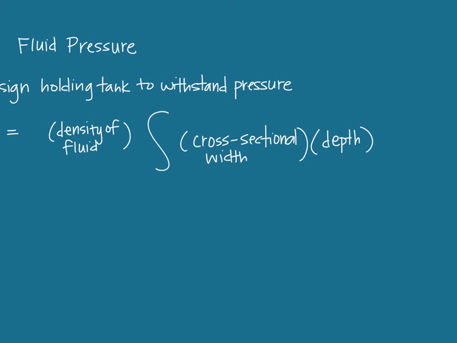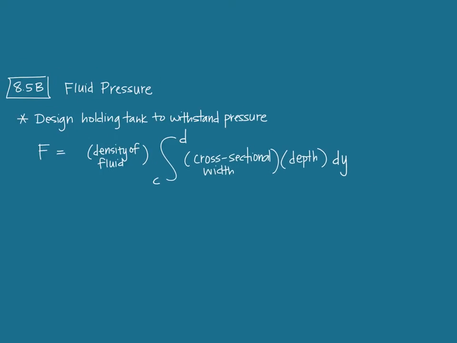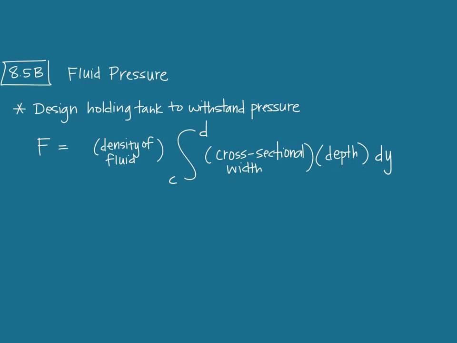Not only is the fluid pressing out, but what else is pulling on the fluid? Gravity. Okay, so all of this is going to be in terms of y, and so this will be dy. And our bounds are going to be c to d because we're doing everything in terms of y. Okay, how do you determine the cross-sectional width? So that's the ultimate formula, and then it's just setting it up.